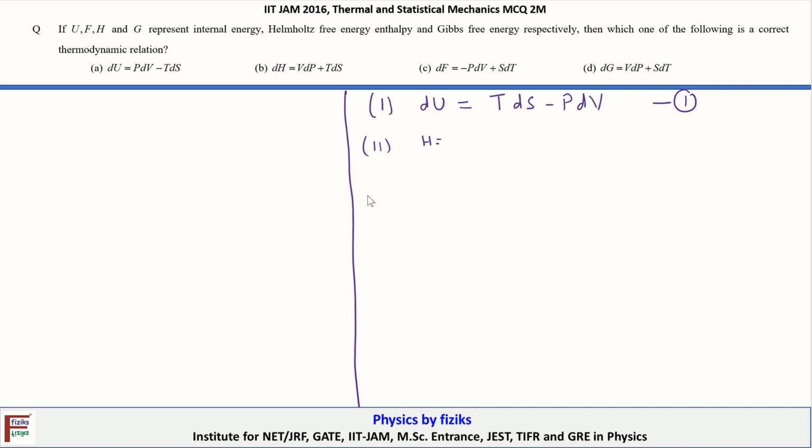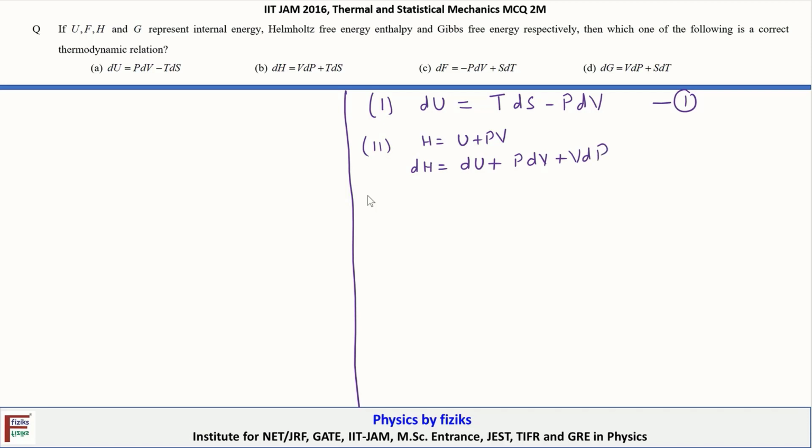Enthalpy is defined as H equal to U plus PV, and from here one can easily calculate the small change in the enthalpy, dH equal to dU plus PdV plus VdP.